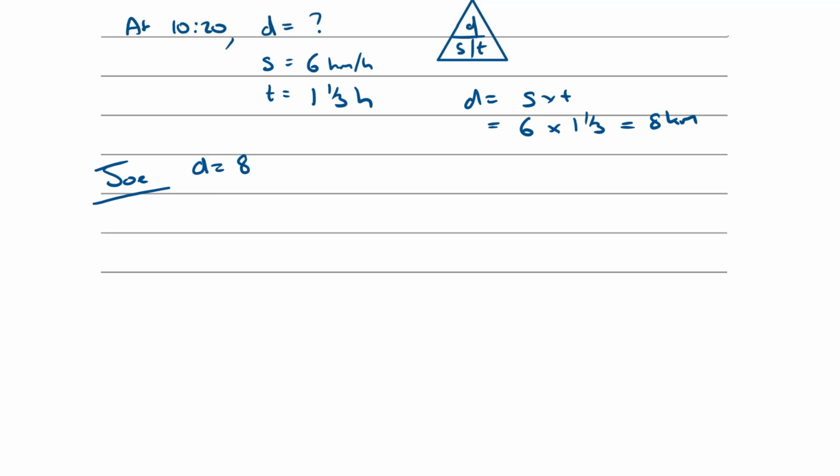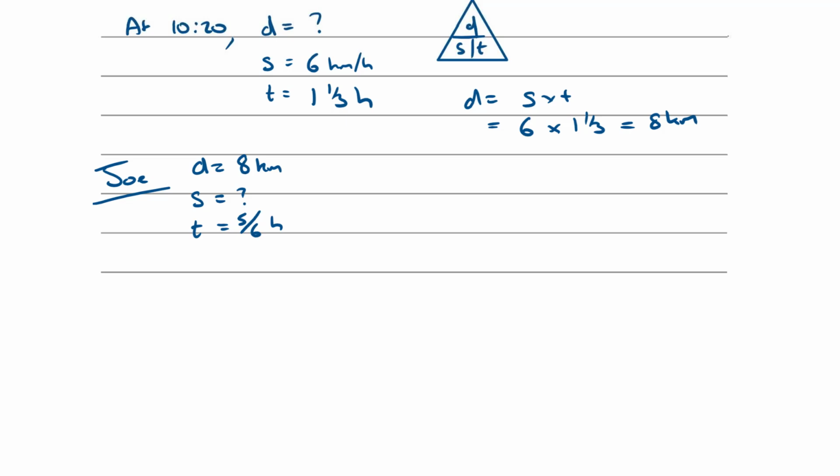It's the same as Priya travelled. The speed is what we're trying to find, and the time taken is 9:30 to 10:20, so that's 50 minutes, or 5/6 of an hour, isn't it? So that's kilometers, and that is in hours.